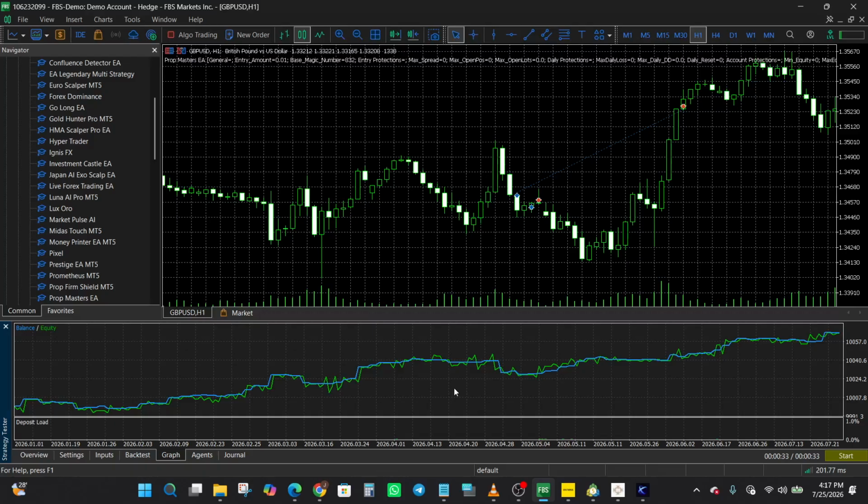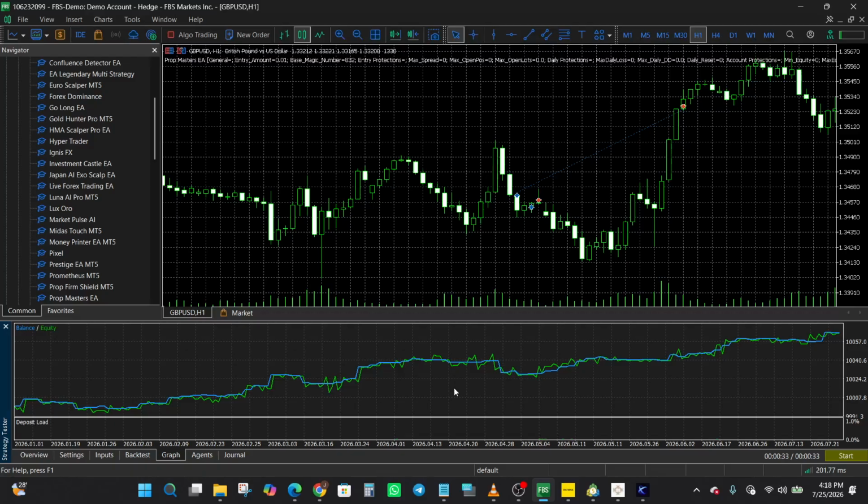We can see there were minor dips, times where the balance reduced, but the equity and the balance are almost always very close to each other. Nevertheless, the growth was gradually rising over time.